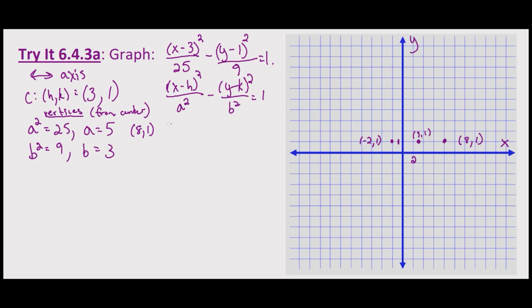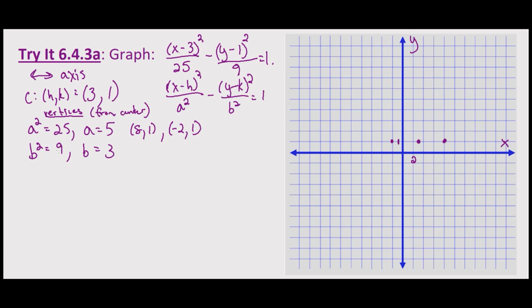We'll go ahead and write that so our graph doesn't get too busy. (8, 1) and (negative 2, 1) for our vertices. I'll erase all the labels off of the graph so it doesn't get too busy, and write them over here: (8, 1) and (negative 2, 1).